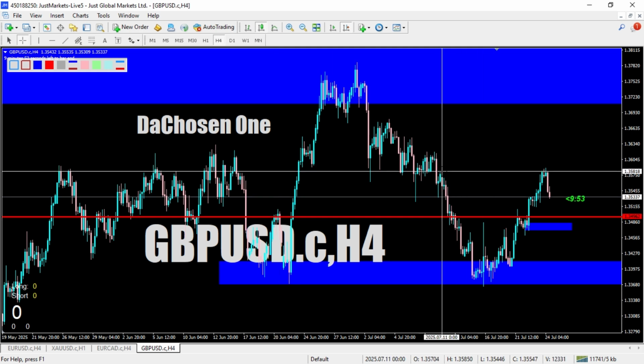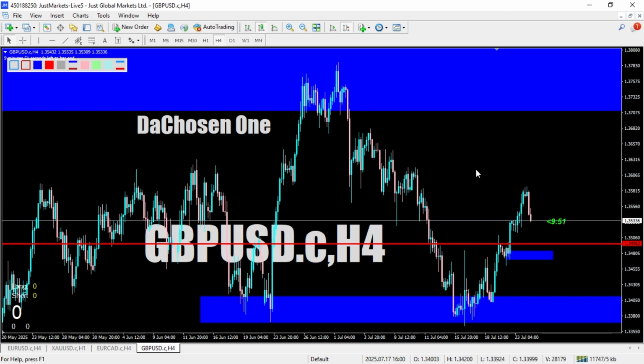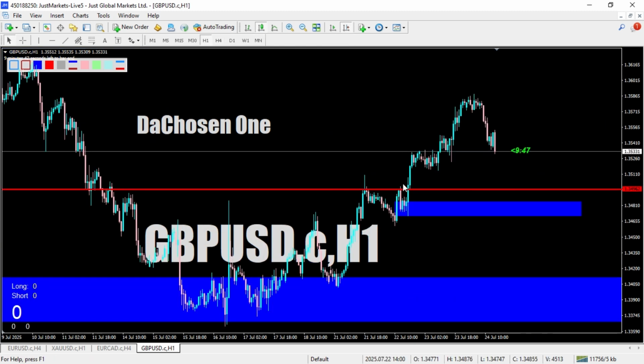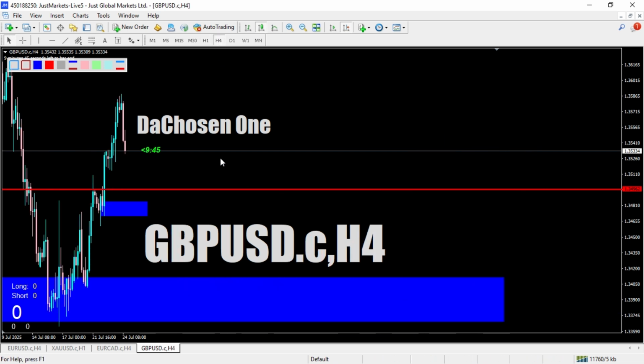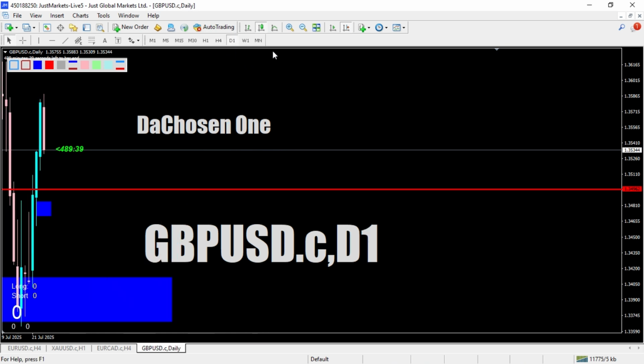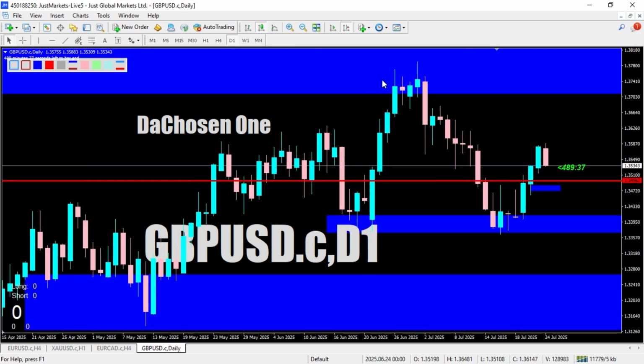Break this area. So as you can see, with our entry confirmation here, bullish engulf. This is what we call a double narrow.